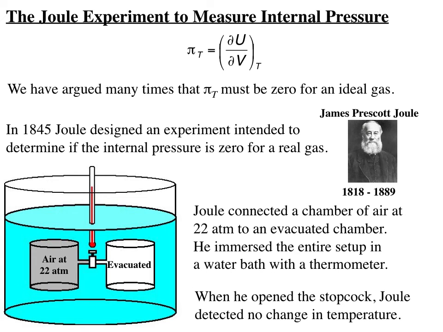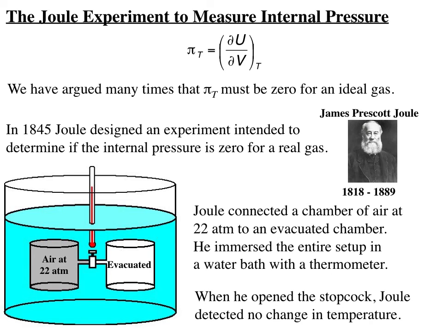Let's look at an early example of the application of one of these advanced mathematical techniques to the interpretation of a physical problem. And that physical problem was the idea of what we have earlier discussed as being the so-called internal pressure.